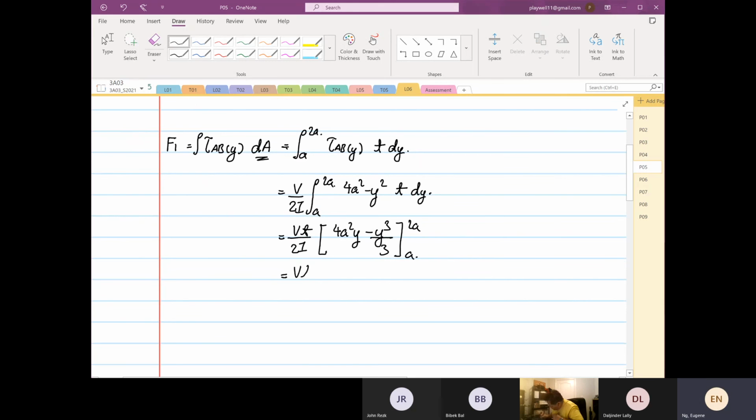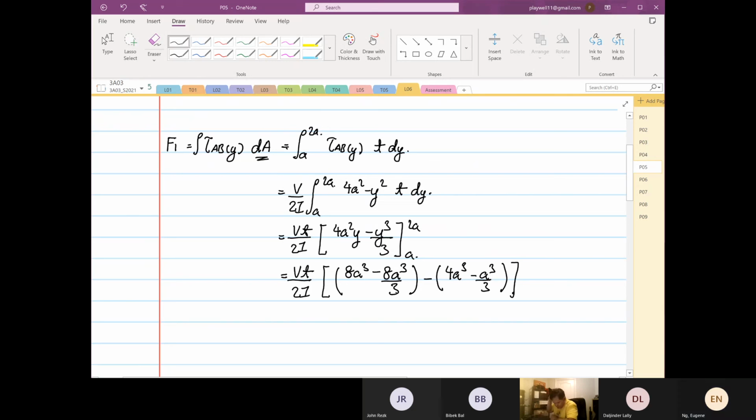So this is VT divided by 2I. So you have 8A cubed minus 8A cubed over 3, right? And then minus 4A cubed minus A cubed over 3.